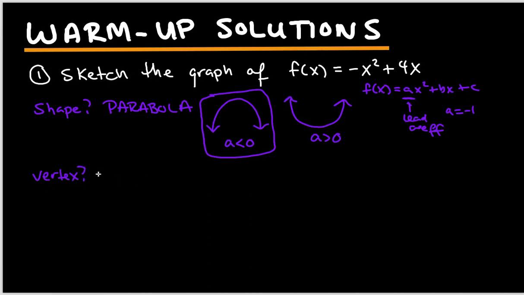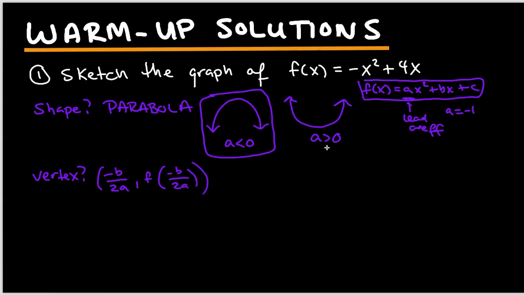Well, the vertex of any quadratic that's written in this form, that is, everything's on one side, is given by -b over 2a, comma, f of -b over 2a. And of course, you could complete the square or put it in vertex form and find it a longer way, but this is kind of a shortcut.